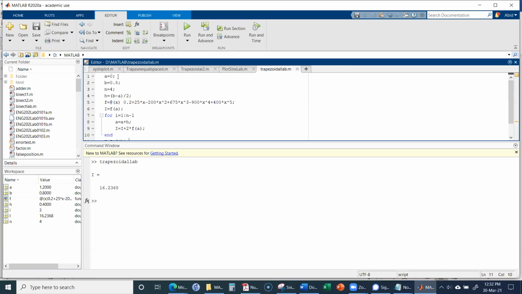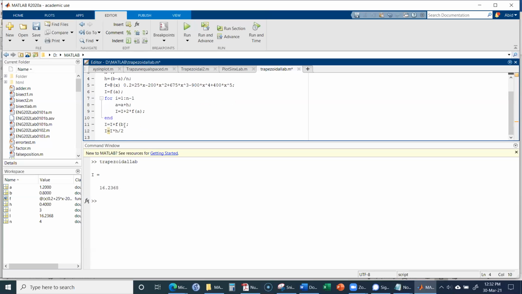I took a is equal to 0, b is equal to 0.8, and n is equal to 4. Yes, h should be divided by n. This was my mistake.